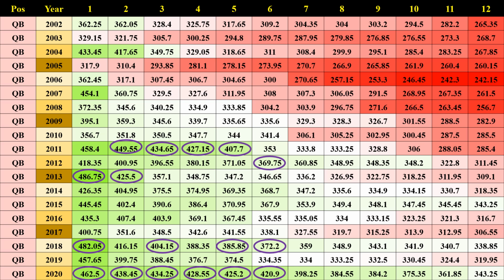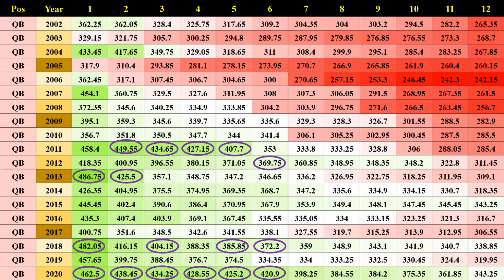And pretty much starting in 2011, we have been living in the era of the golden quarterback as far as productions here and the amount of points. So all quarterbacks are producing more points for us, which is kind of interesting. But the actual gap between, say, the 12th and the 1st is not changed or actually gone up a little bit.